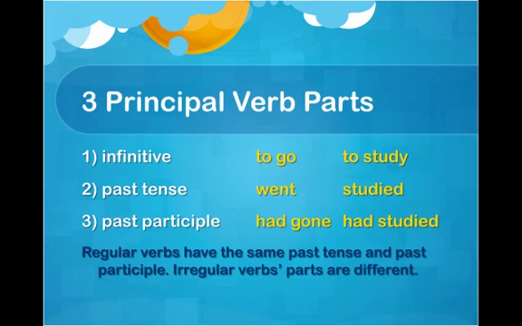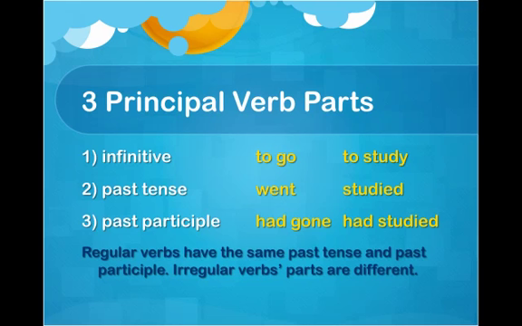A verb has three main parts. It has the infinitive, that's the to form, to go, to study. It has the past tense, and I tried to pick some irregular verbs here. Went is the past tense of go, study turns to studied.